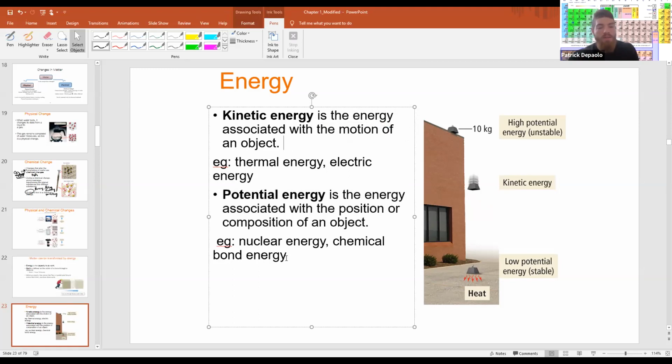And chemical bond energy is another type of potential energy. Nuclear we'll talk about in another chapter, but a great example of chemical bond energy is food. So where do you get energy to do anything? It's from your food. And the bonds that are in food are broken down into useful amino acids and other chemicals that help us move and help us do everything.